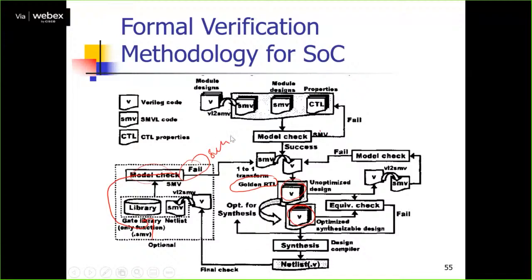If it passes, convert it into an IP. Then you do the equivalence checking here: the optimized synthesizable design, equivalence checking with respect to this. If it passes, then pass it to the synthesis process. If it fails, then optimize for your synthesis.